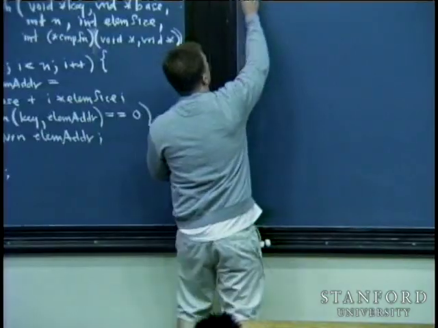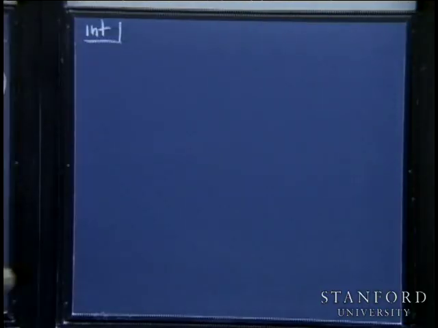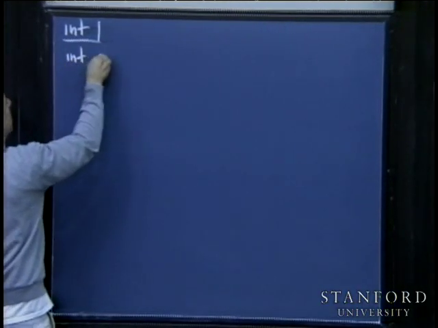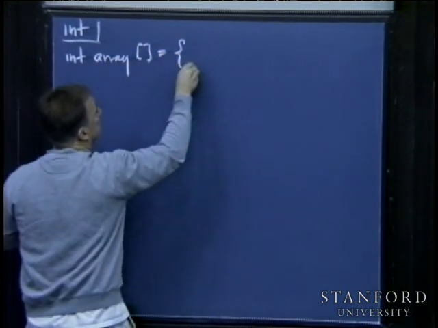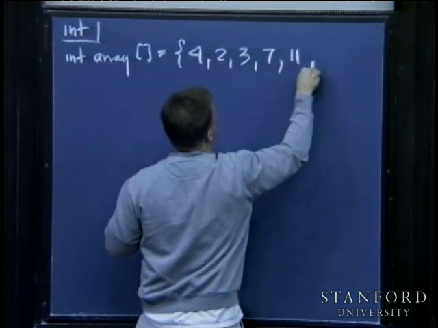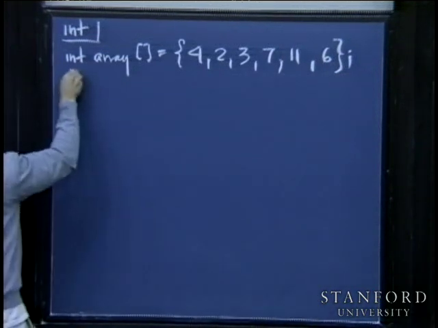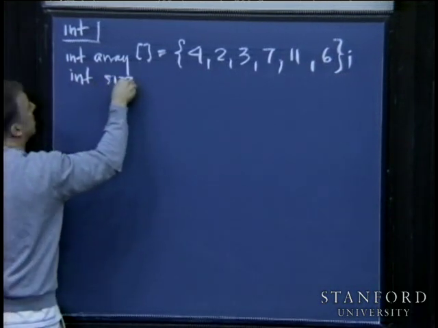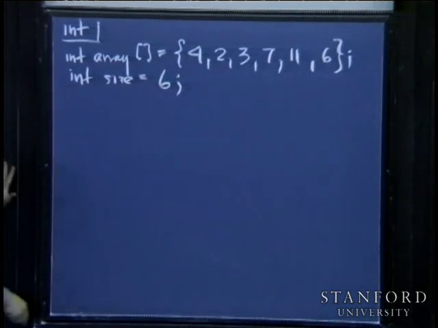If I want to go, just think in terms of the int domain, and I have the following. I have int array is equal to, this is a shorthand way of initializing an array. Int size is equal to, I'll just hard code it as 6.